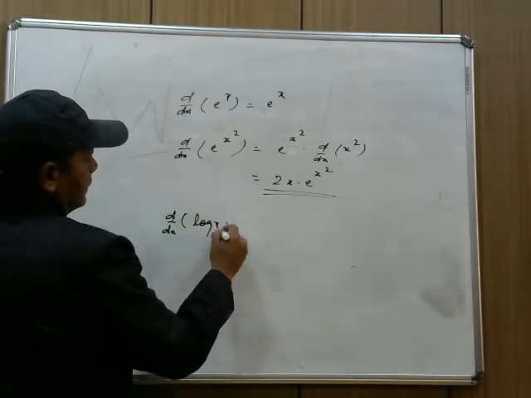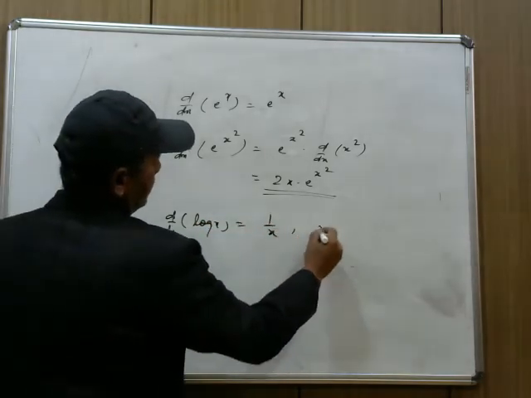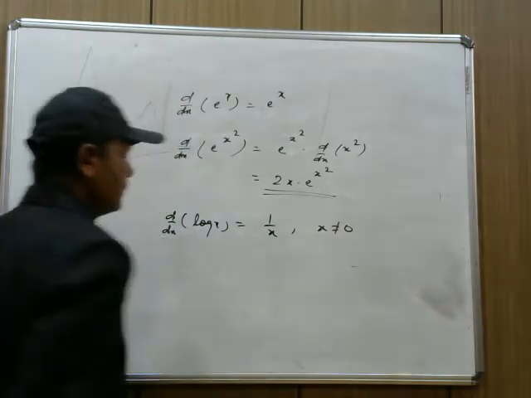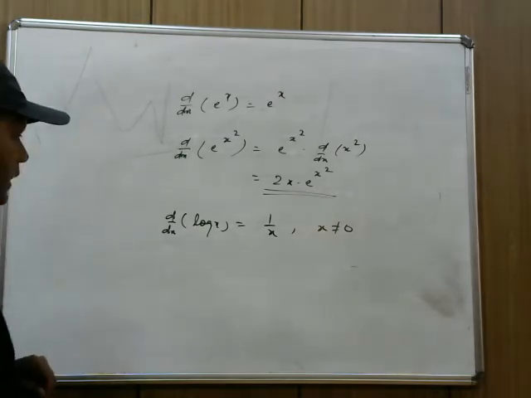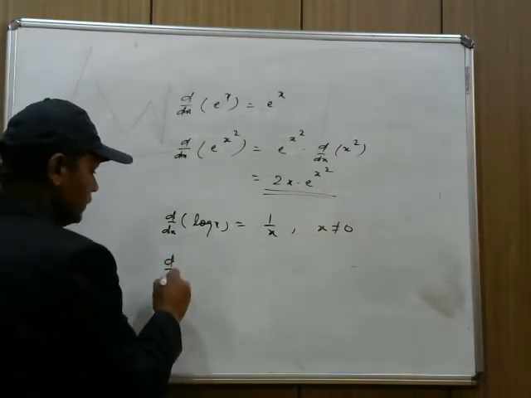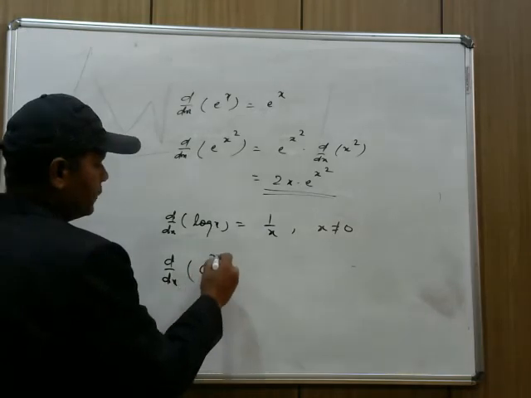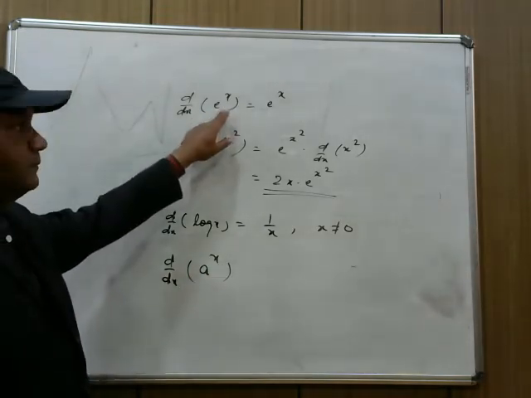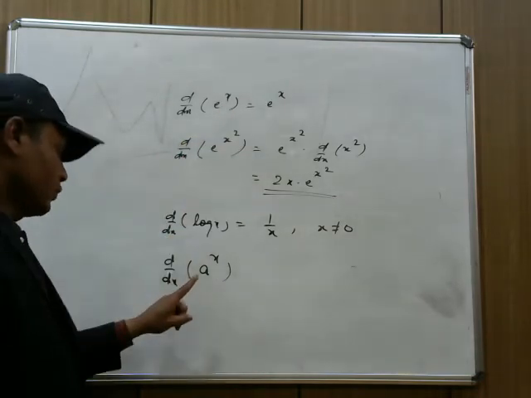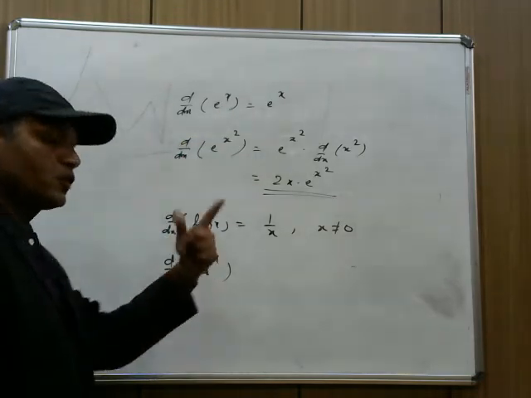Differentiation of log x is equal to 1 by x. Differentiation of log x is 1 by x, right? Clear? And differentiation of e to the power x is e to the power x. But if you have been asked to find the differentiation of a to the power x, then what to do?